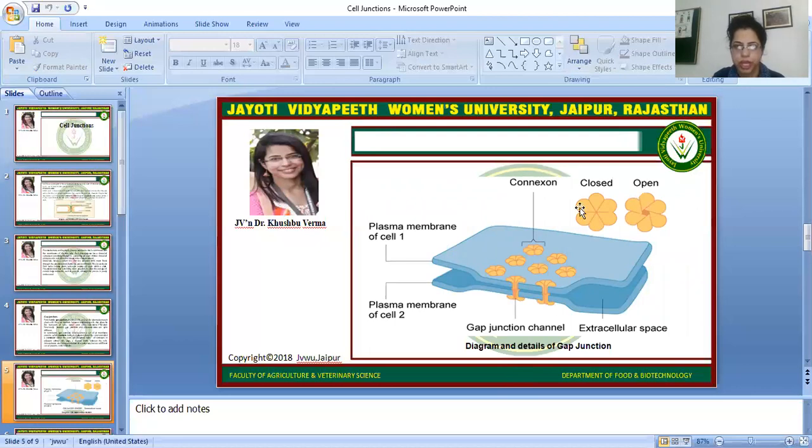This is a connexon made of 6 proteins, and a single protein is a connexin. They make a channel, the gap junction channel, which allows molecules to cross between cells. This is the plasma membrane of cell 1, this is the plasma membrane of cell 2, and this region is the extracellular space. This orientation is for the closed channel and this orientation is for the open channel. An open channel will allow the passage of molecules across the membrane.